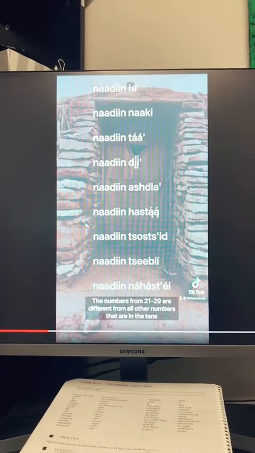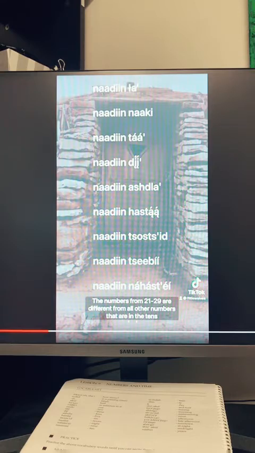So continuing, the numbers from 21 to 29 are different from all other numbers in the tens. Typically for anything other than the 20s, you say 30 and 1, 30 and 2, 30 and 3, or 40 and 1, 40 and 2.